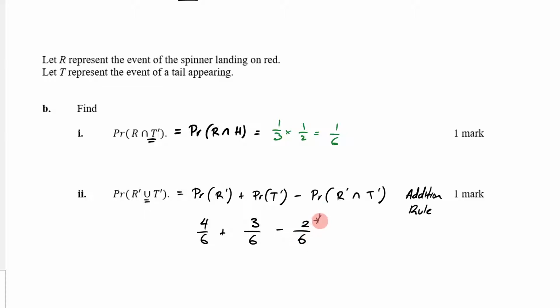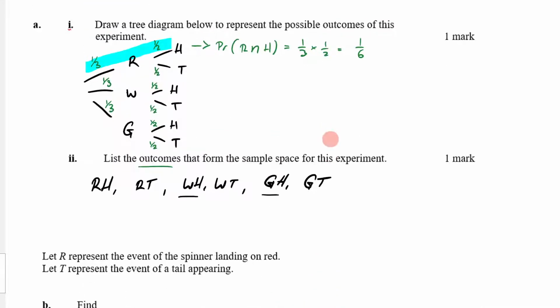There is another way to get that one here. To get that 2 on 6, it's not very quick. The other way you can think about it is to say, well, what is the probability of W intersection of H? That will be 1/3 times 1/2, which is equal to 1 on 6. What's the probability of getting G intersection of H?